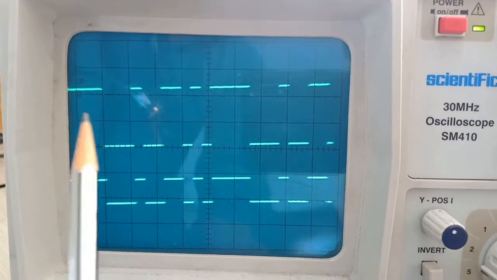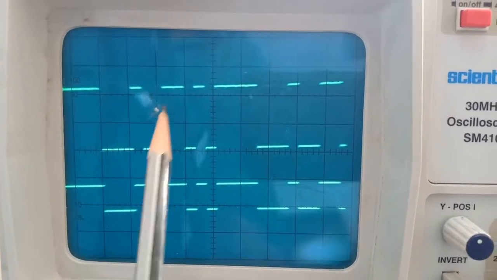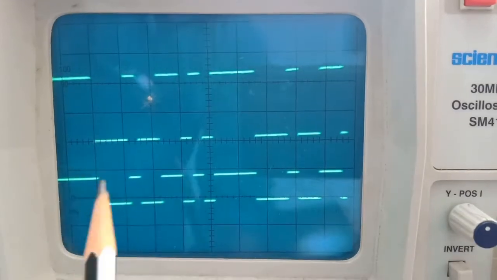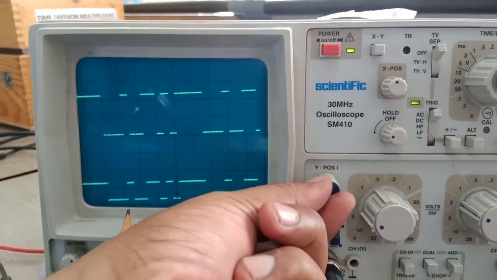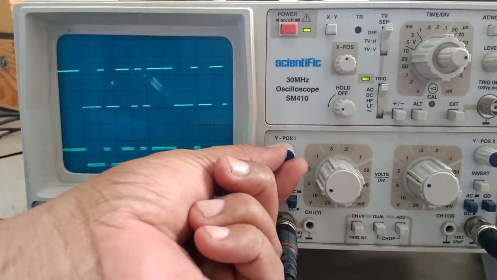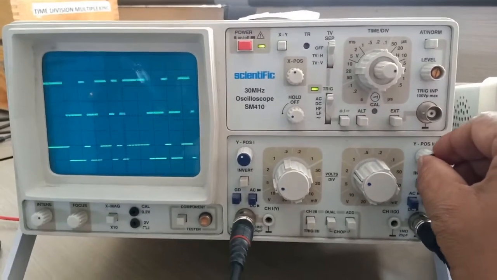This is the unipolar non-return to zero waveform. We are going to compare both the input and the output. This is the output, and on the second channel I am going to connect the input.